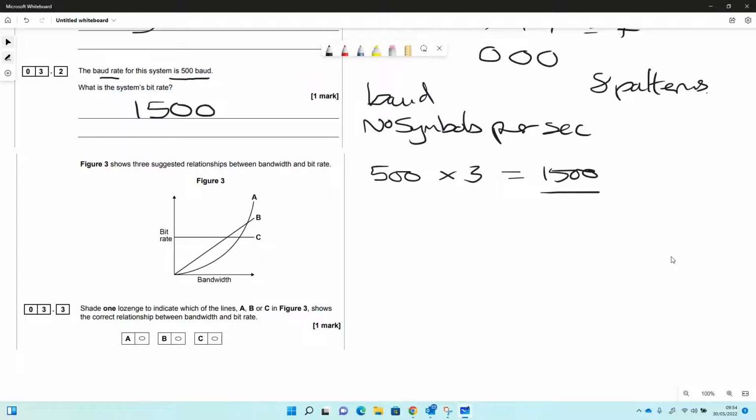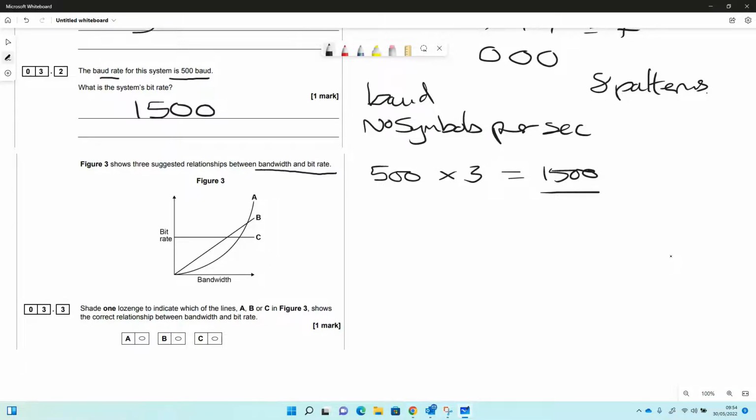So it shows figure 3, which shows 3 suggested relationships between bandwidth and bit rate. So again, the bandwidth is a measure of how much the channel can take, or indeed a measure of the baud rate of a channel, and bit rate is directly related to that.